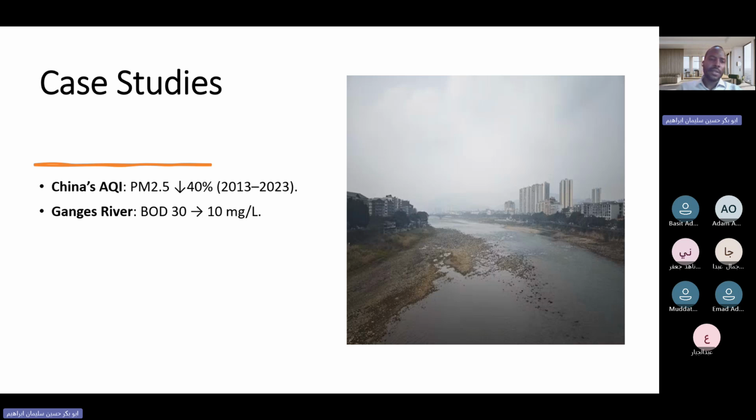When you see the BOD, that means the water is more polluted, because it has organic matter that can lead to dissolved oxygen changes inside the water per milliliter. These are the case studies of how environmental indicators can improve the environment or the project.